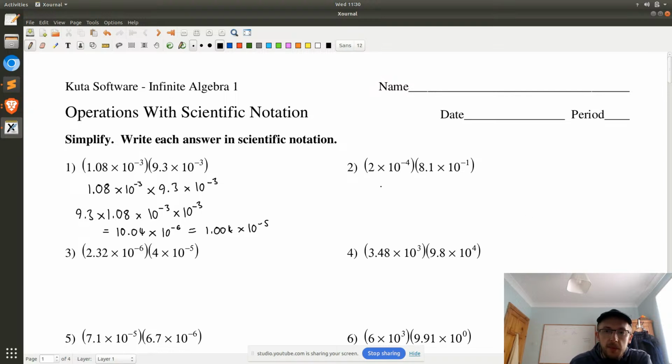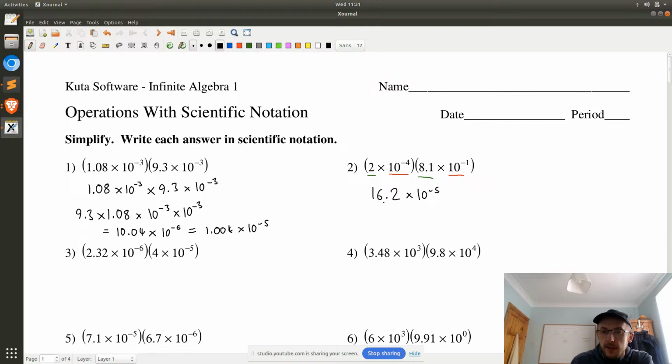Okay, same thing for this. The little bits at the front are called the mantissas. So do 2 times 8.1 to get 16.2. And then do 10 to the minus 4 times 10 to the minus 1 to get 10 to the minus 5.